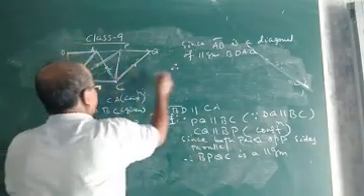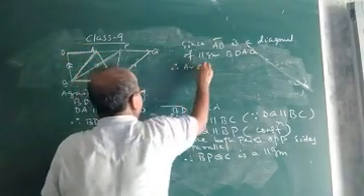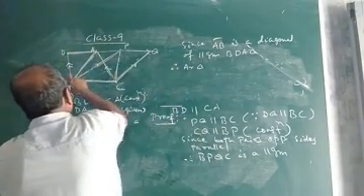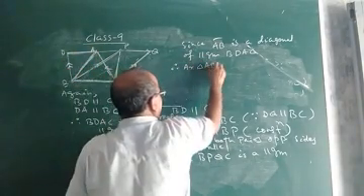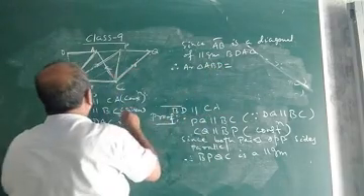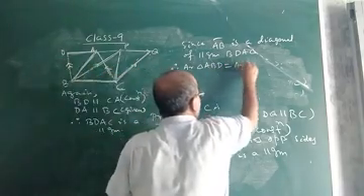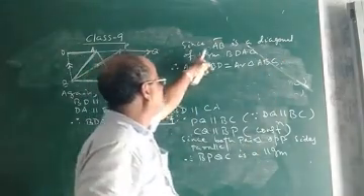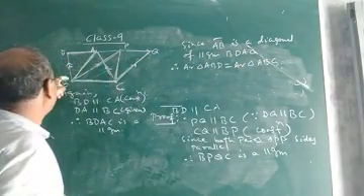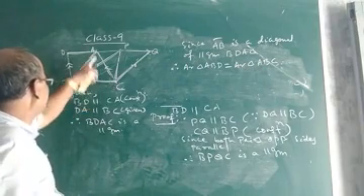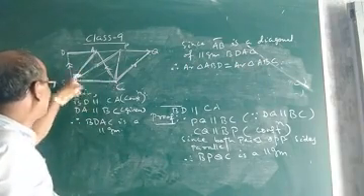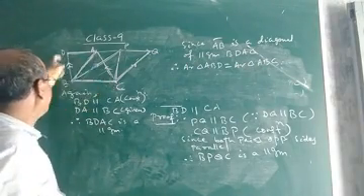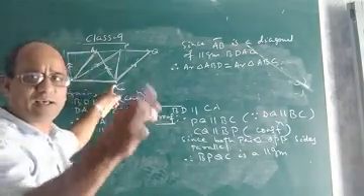That means area of triangle ABD is equal to area of triangle ABC, because AB is a diagonal of this parallelogram BDAC. So AB will divide BDAC into two triangles, ADB and ABC, and they are of equal area.